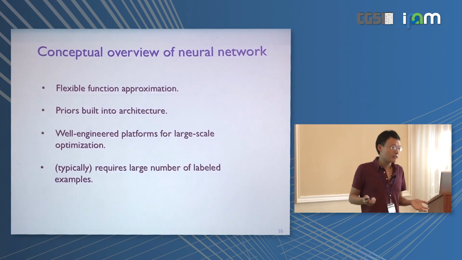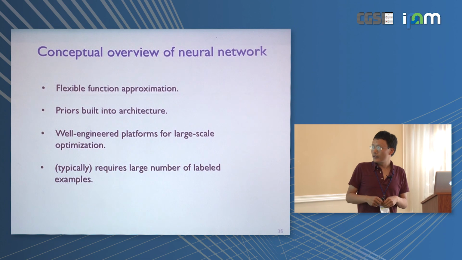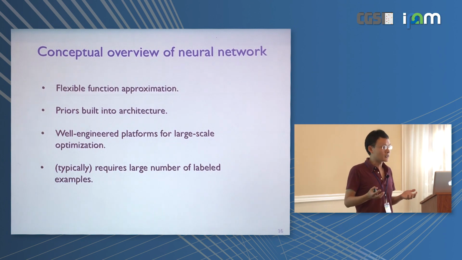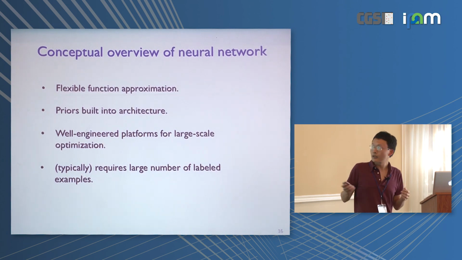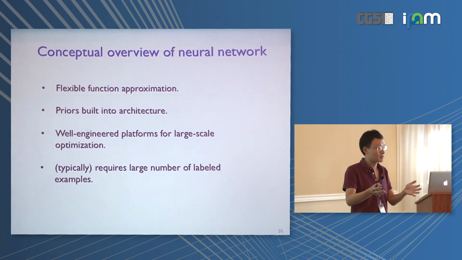Probably the biggest advantage of using these kinds of neural networks is that it is a very well-engineered, large-scale platform to do large-scale optimization. There are a lot of other machine learning techniques that have the first two bullet points, which allow for flexible functional approximations and allow you to build in priors.